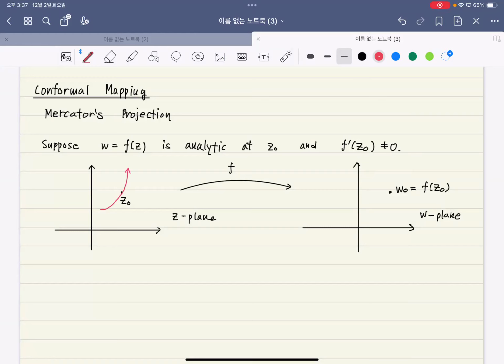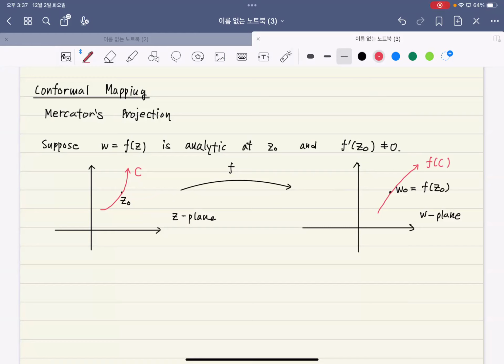Let me draw any random curve, namely C, on the z plane passing through this point. Since f is a map from this plane to that plane, I must be able to expect some image of this curve on the w plane, maybe like this. So this is f of C.